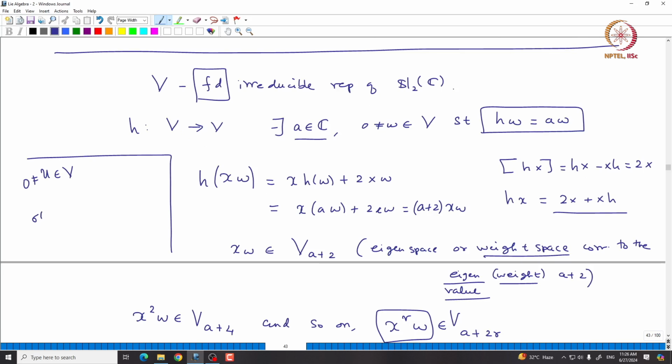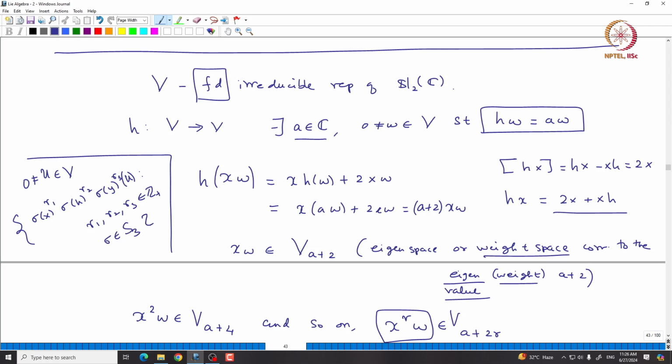In particular you apply x power some r1, h power some r2, y power some r3, in some order sigma.